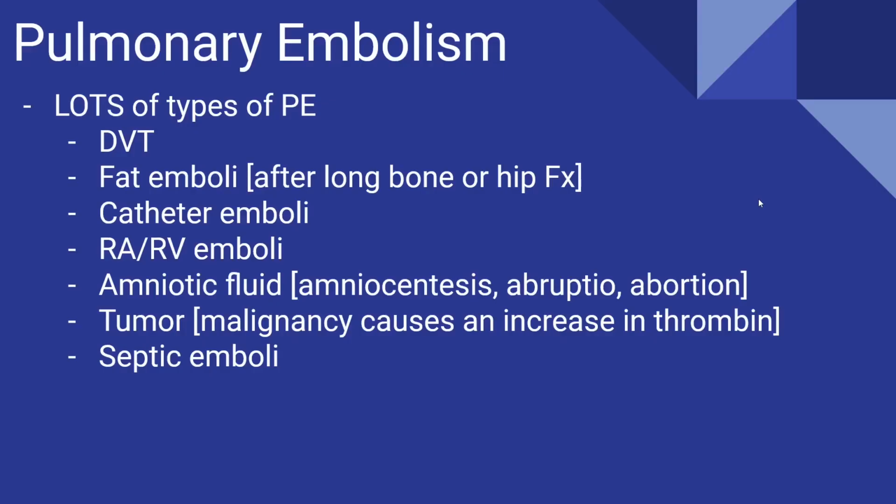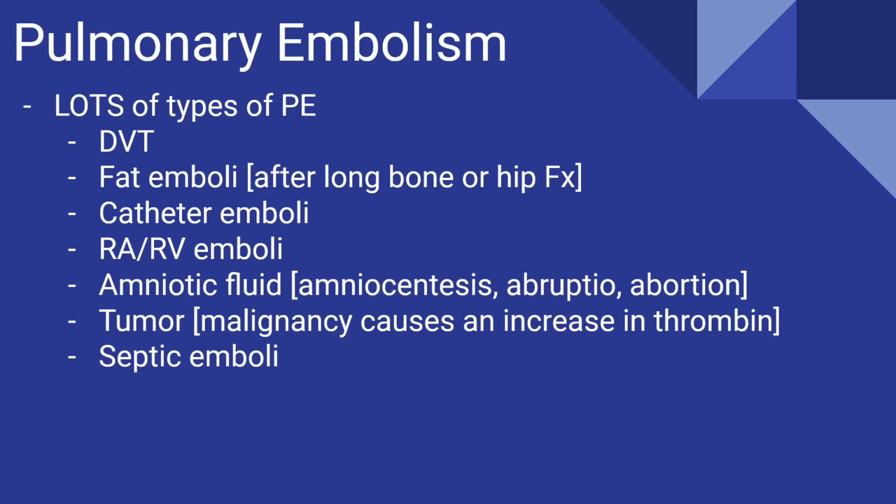So we talked about DVTs causing PEs, but there are lots of other ways, not as common, that can cause PEs. We can see fat emboli after a long bone or hip fracture. Also any kind of catheter that's dislodged and ends up passing through the right ventricle can cause an embolism.